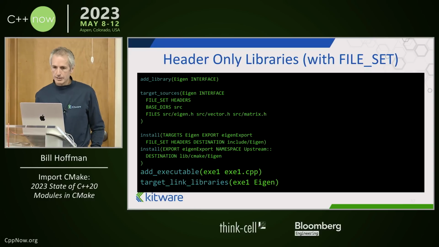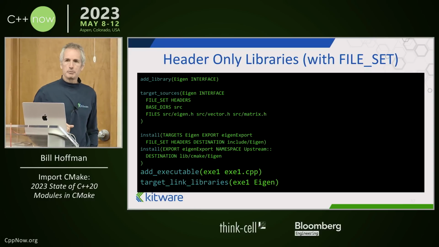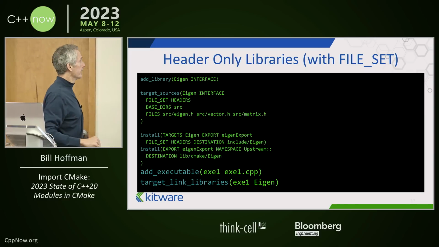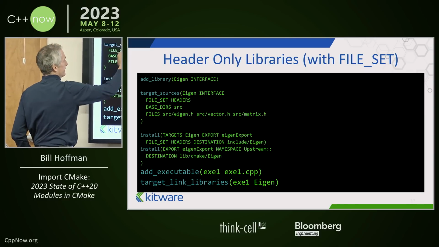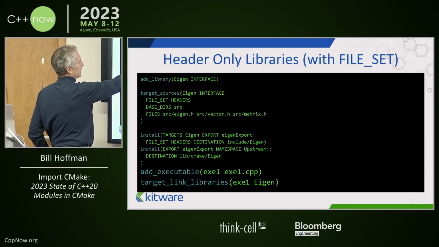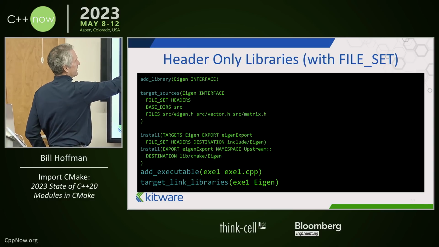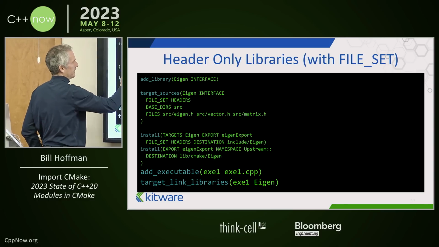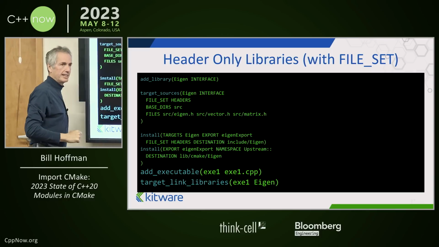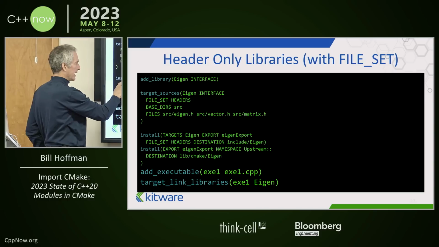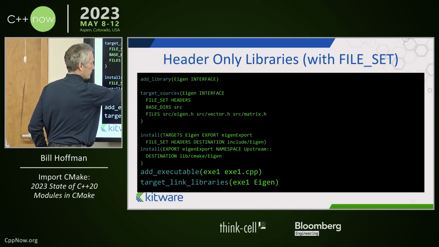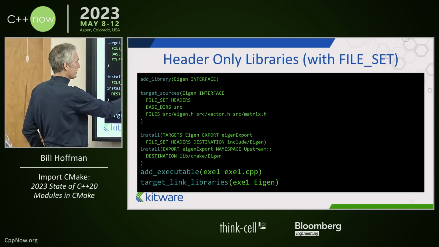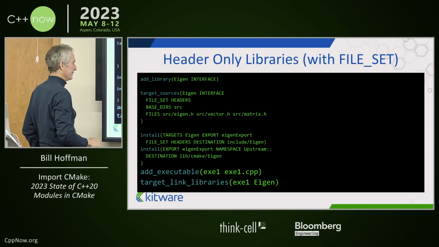So if we look at an example of a header-only library implemented with file set, we create this library called eigen. It's an interface library. We do target_sources eigen INTERFACE FILE_SET headers BASE_DIRS source files, and I'll list a few of the eigen .h files. And then I can say install TARGETS eigen EXPORT, FILE_SET headers DESTINATION include/eigen.